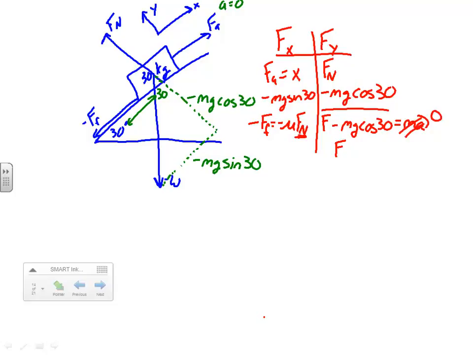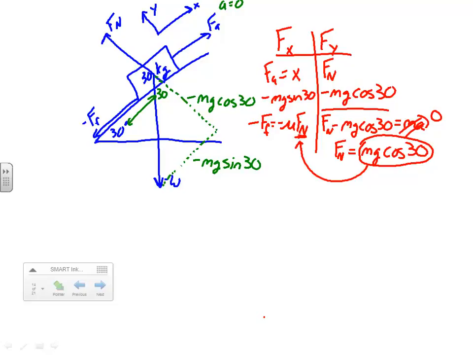So I have F_N equals mg cos 30. This value here, I can plug into there.